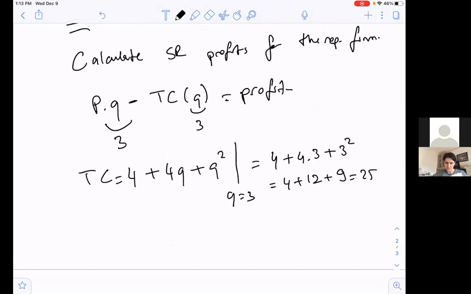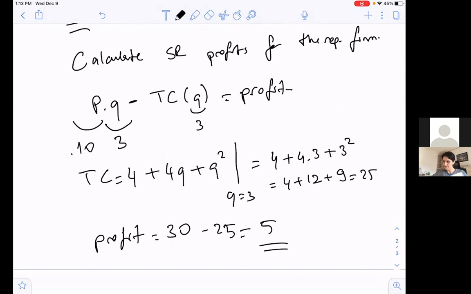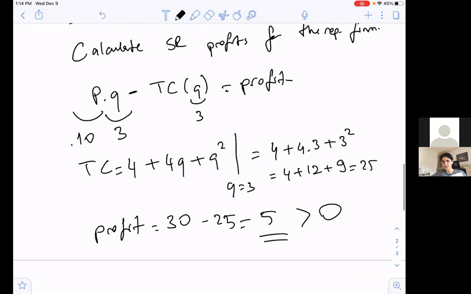P was 10, so revenue is 10 times 3, 30, minus 25, profit is 5. So in the short run, the firm is making positive profit.